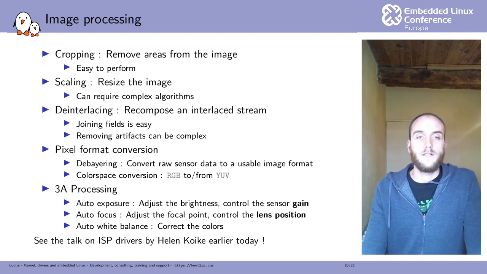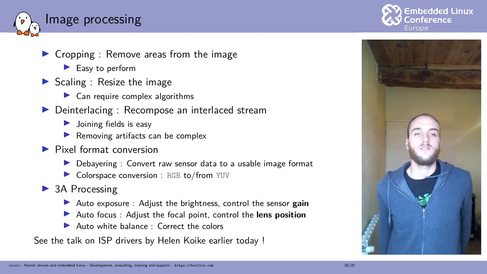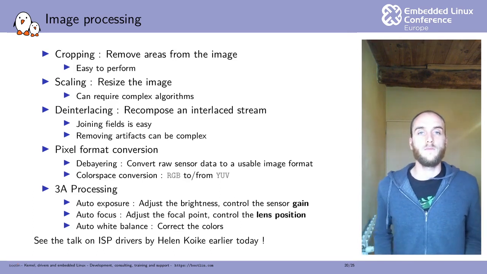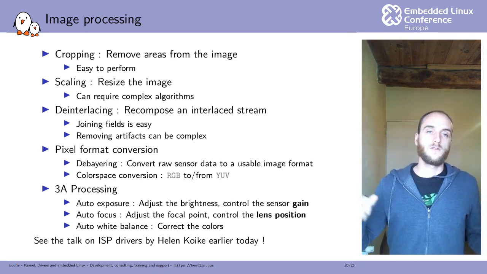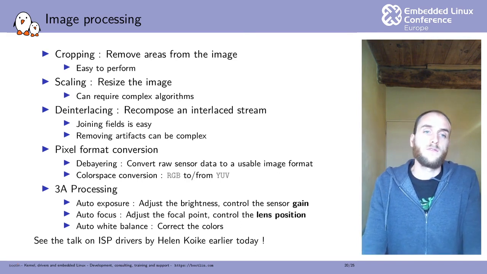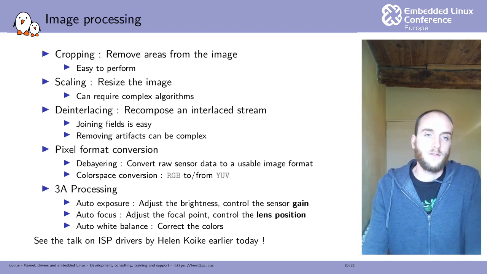Scaling, on the other hand, is changing the dimension of your image without losing information, or at least losing as little information as possible. You still want the full frame to be displayed, but just in a larger or a smaller format. This requires very complex algorithms, so the scaling operation is an advanced feature.